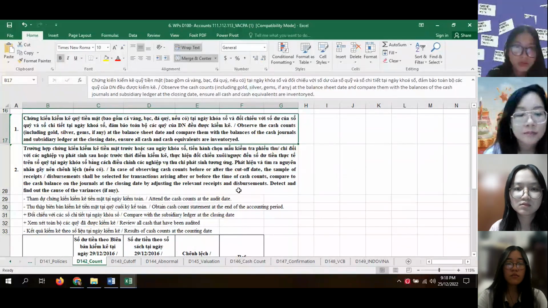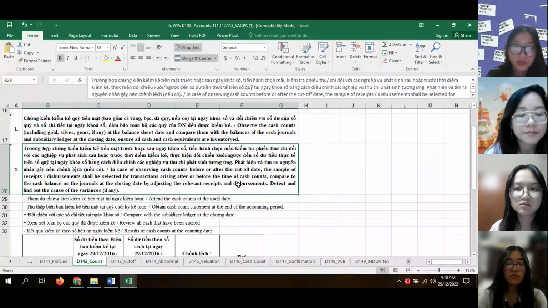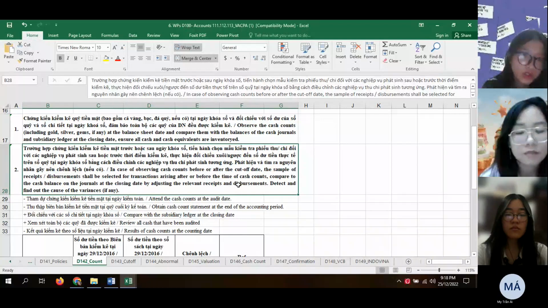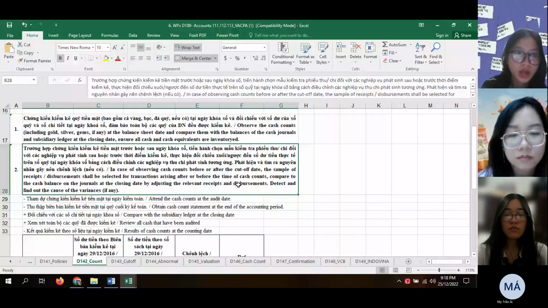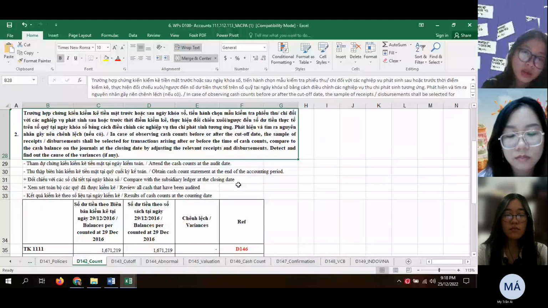In case of observing cash count before or after the cut-off day, a sample of receipts and disbursements shall be selected for transactions arising after or before the time of cash count, compared to the cash balance on the journals at the closing day by adjusting the relevant receipts and disbursements. Detect and find out the cause of the variance, if any.